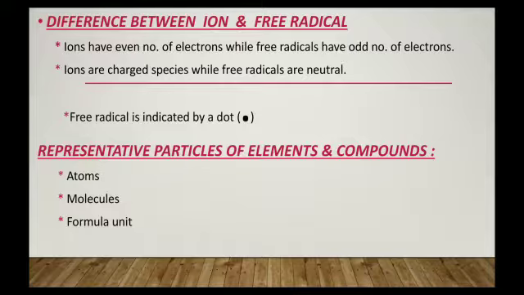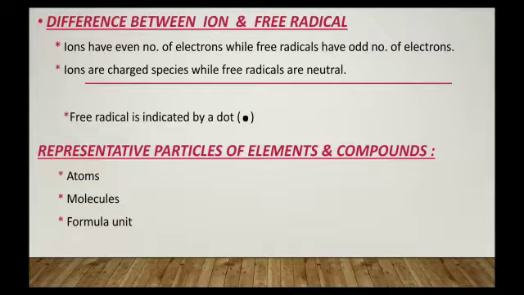Next are the representative particles of elements and compounds. What are representative particles? Representative particles are those particles which make up a group, representing elements and compounds. Elements are made up of atoms, so the representative particles for elements are atoms.